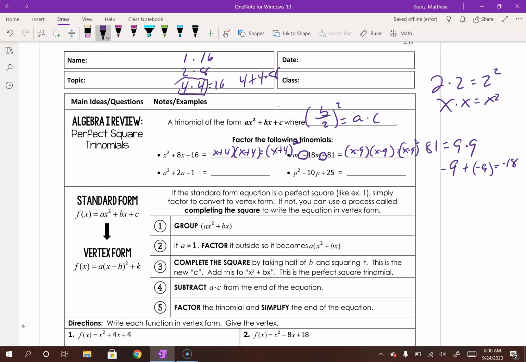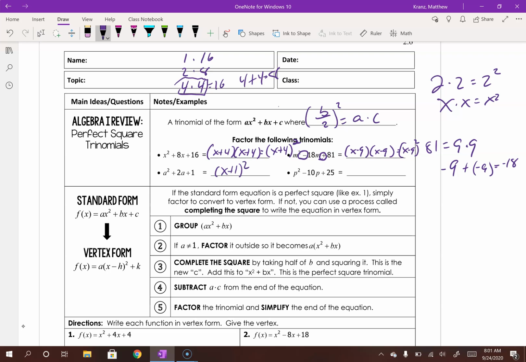Right? And this pattern exists, that if this is a perfect square, and this is a perfect square because it's 1, all we're going to do is just write whatever the square root of this last term is and use this sign. So as long as this is positive. Like this one, the square root of 1 is 1. So we go x plus 1 squared.